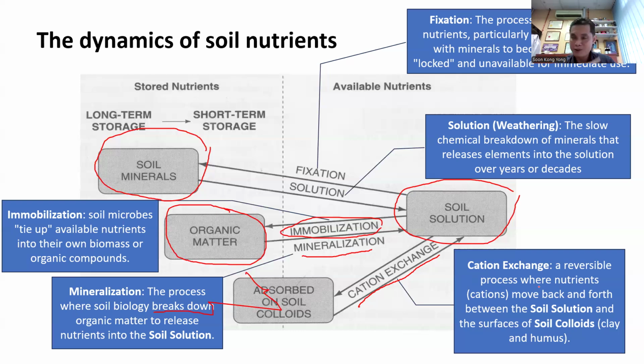Remember, it is not just one way. It can be reversed depending on where the equilibrium is. So the keyword here is chemical equilibrium. If the chemical equilibrium shifts, then one way or another, cation exchange will happen. So it can move forward and it can move back depending on where that chemical equilibrium is. Later on, I will explain.